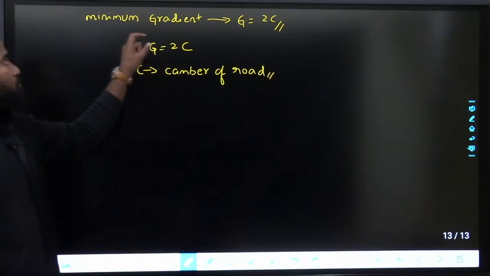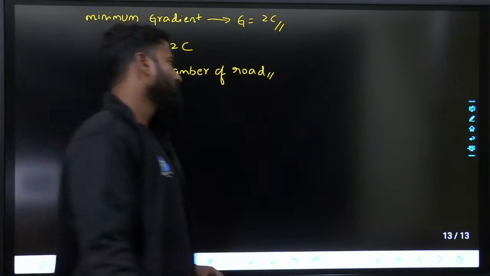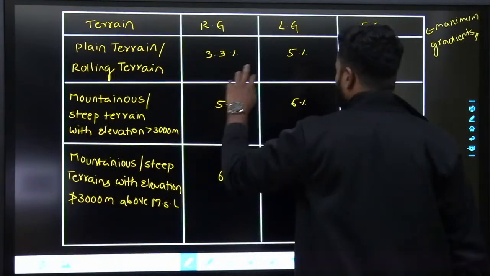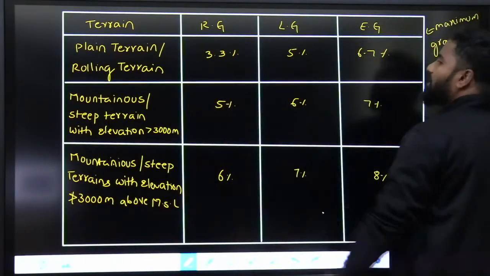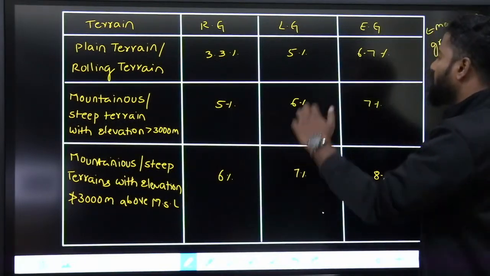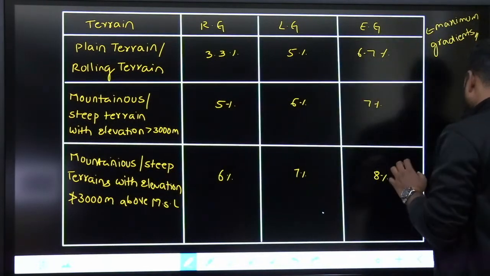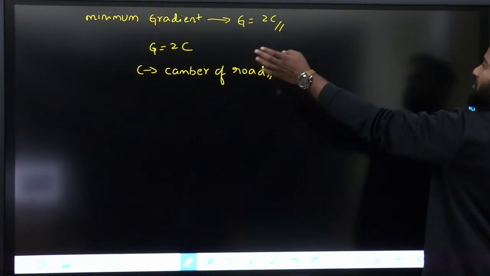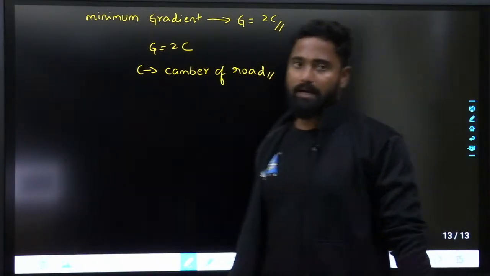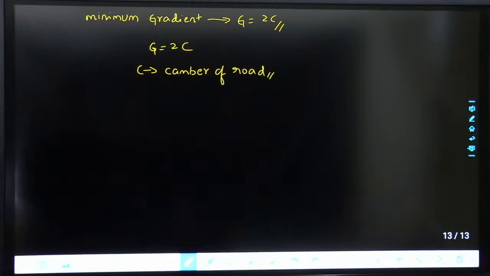This is the minimum gradient. These are maximum gradients. That means the gradient should not be more than this as per IRC code. So these are maximum gradients, and these are minimum gradients. Fine. Please correct it.